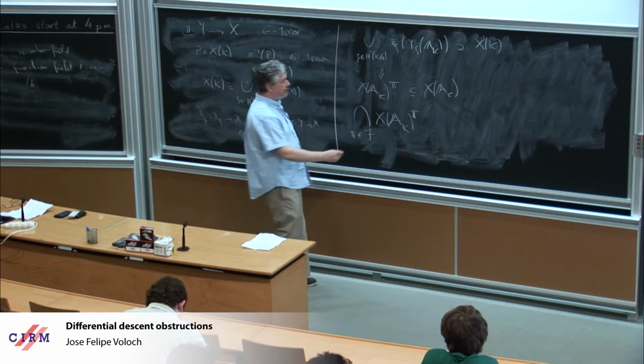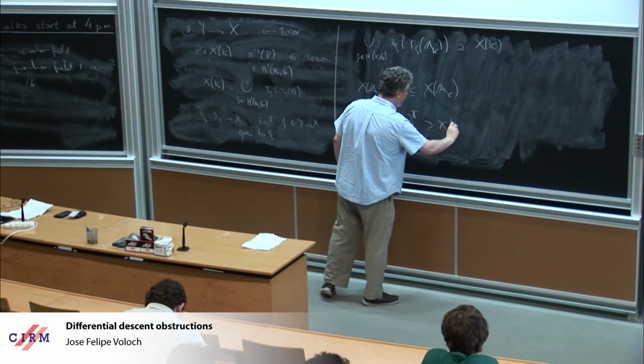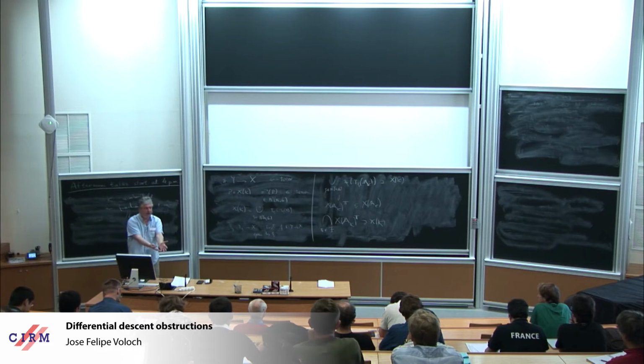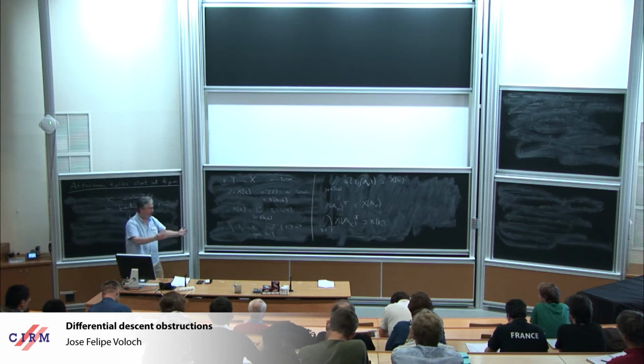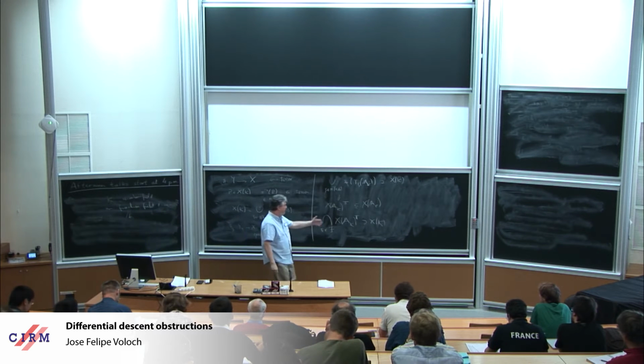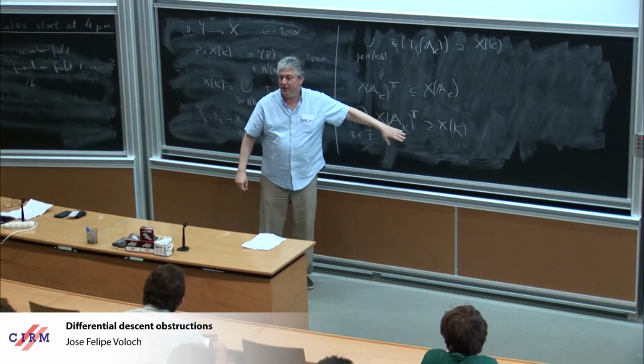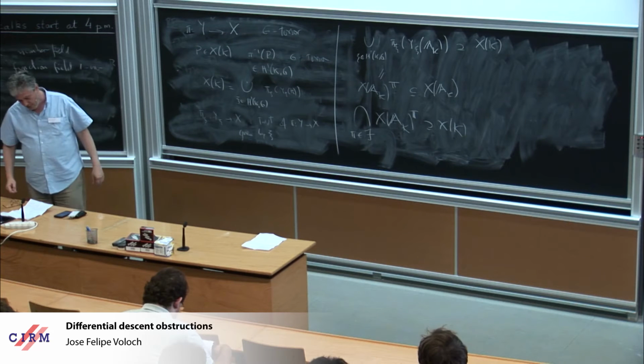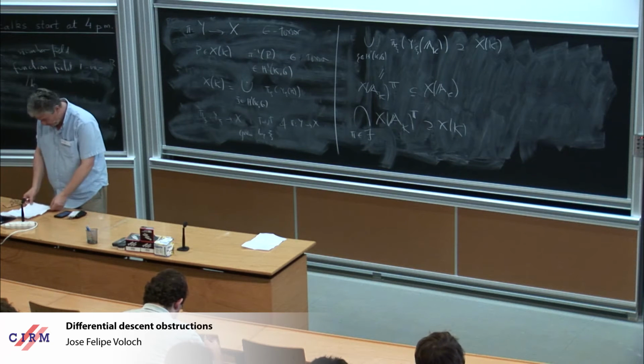This still contains the set of rational points, and if this family is rich enough, we may hope that we narrow down or constrain the set of rational points. And sometimes we can even prove that it is empty and therefore conclude that the rational points are empty. That's when there is a descent obstruction to the Hasse principle.